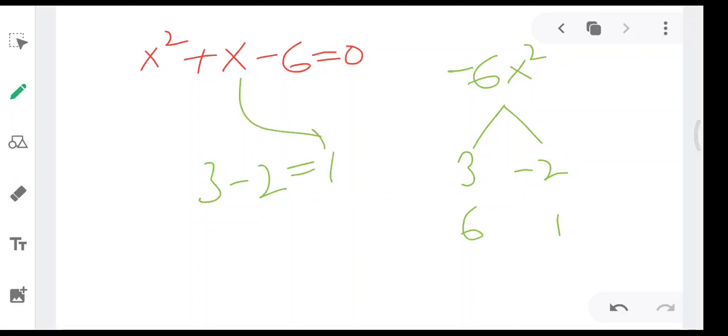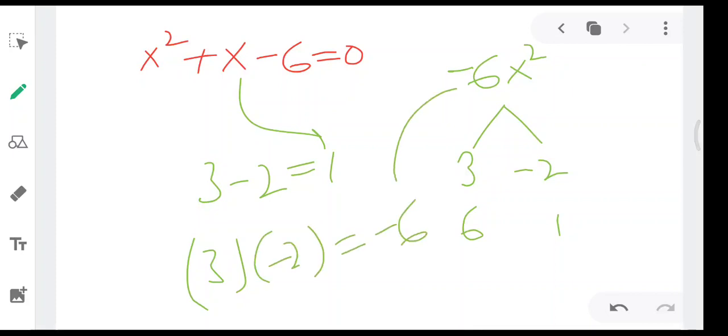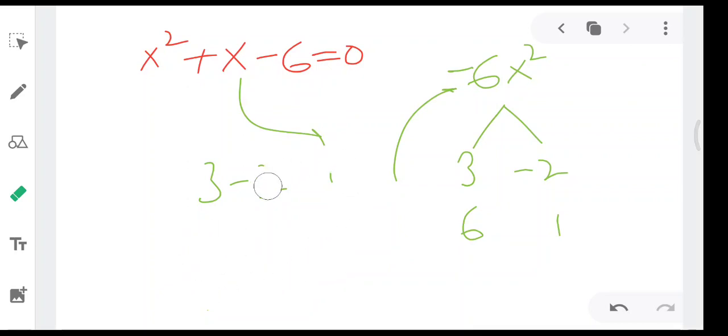And 3 into minus 2 is minus 6. So we are getting both: the sum as 1 and the product, 3 into minus 2, as minus 6. So we should take 3 and minus 2 as the factors of 6. Why should we not take 6 and 1?